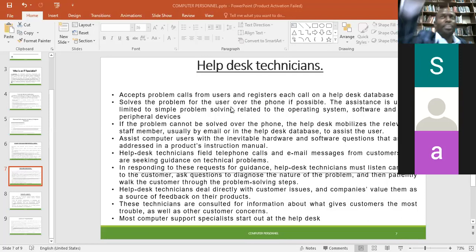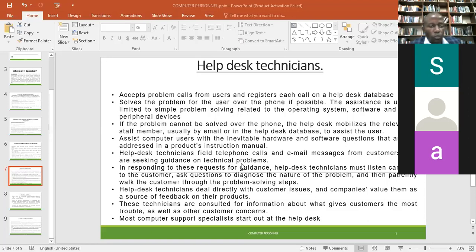You get it? Okay. The other one is if the problem cannot be solved over the phone. If you're not able to solve it over the phone, then yours will be to call a particular staff who is working in the IT department, and then send them.